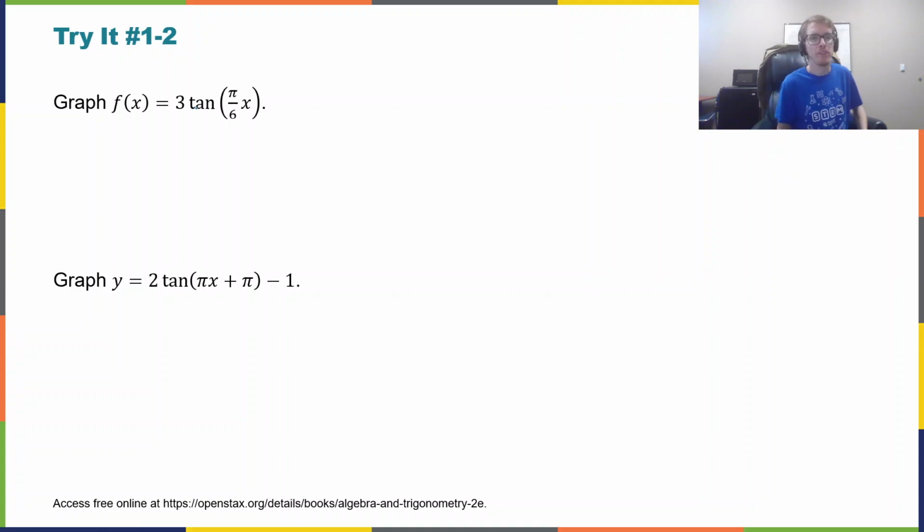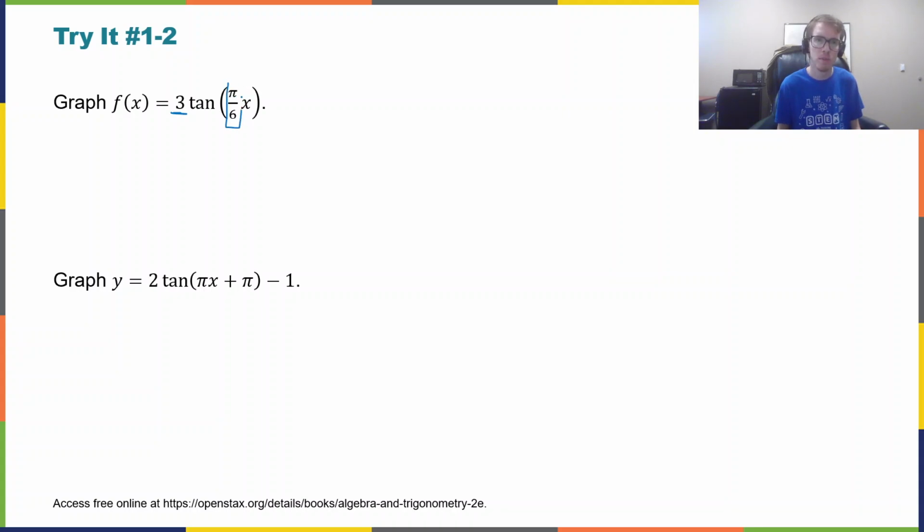All right, so for our first question, we have graph f of x equals 3 tangent of pi over 6x. Well, notice it's not really an amplitude, it's the value a. Our stretch factor is what that is. But we can think of that as kind of how our amplitude worked with sine and cosine. And then we have pi over 6x right here.